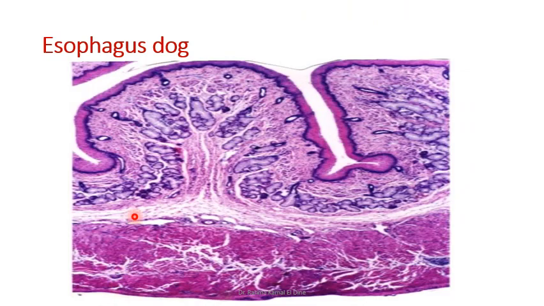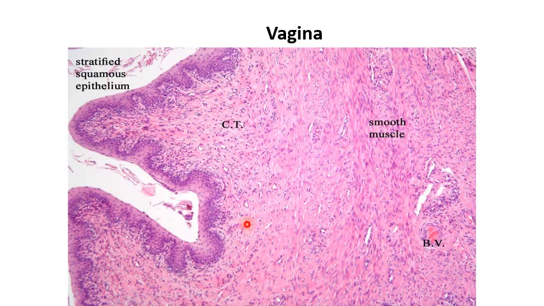If I have submucosa and the submucosa contains mucous glands, it is esophagus. This is the epithelium, the corium, muscularis mucosa, then the submucosa, and this is the musculosa. If I don't have submucosa, just epithelium, connective tissue corium, smooth muscle, then the adventitia, it is vagina.